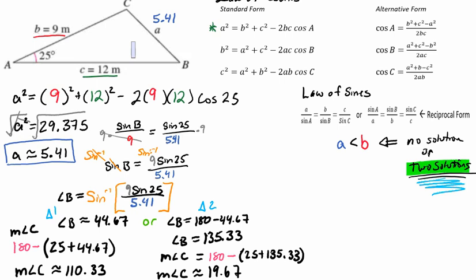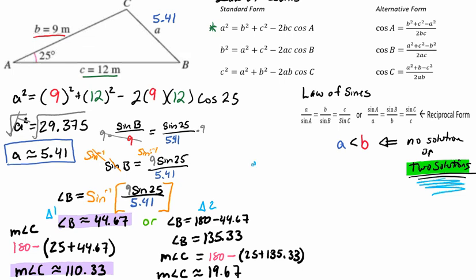From geometry, we know that the smallest angle goes with the smallest side, the biggest angle goes with the biggest side, and the medium side goes with the medium angle. Here we see that 12 is the biggest side, so C is supposed to be the biggest angle, which only works if we have our C of 110, which means our B would be 44.67. And so those would be our final answers.